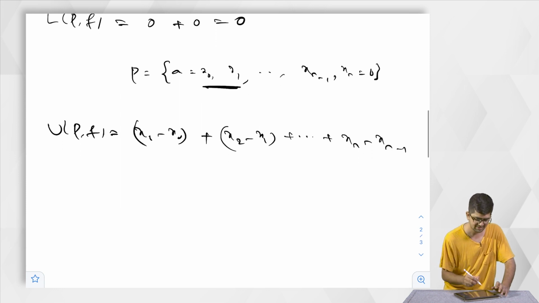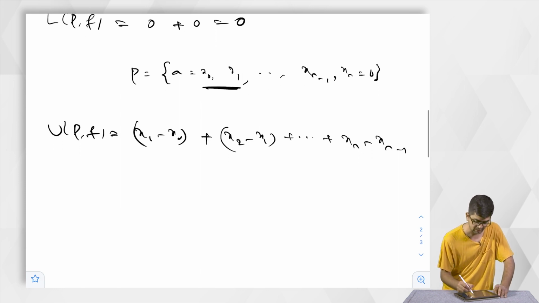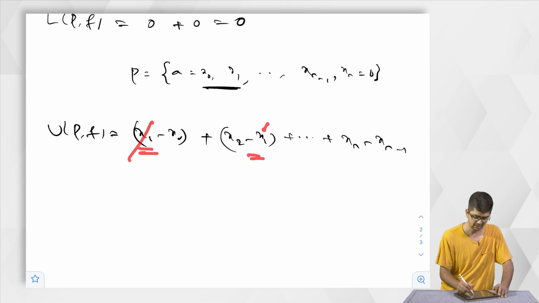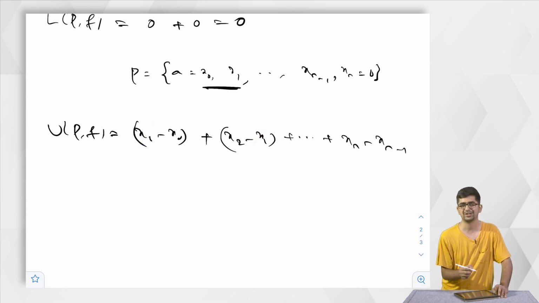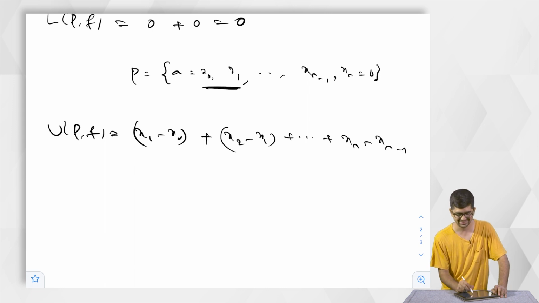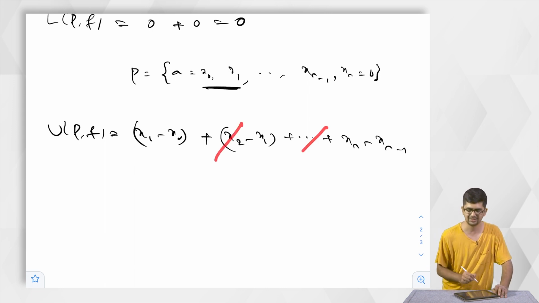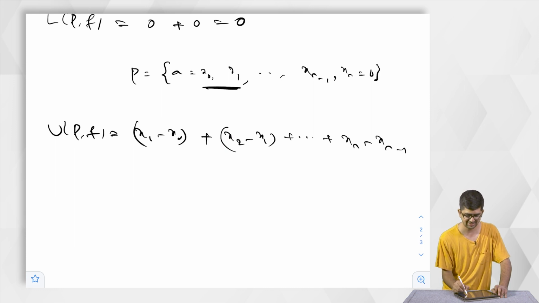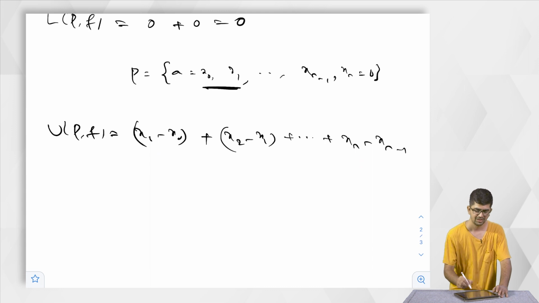Observe, in the first step x1 is appearing 2 times with a minus sign, so that gets cancelled out. I think you can guess what is happening here. In the next step there will be minus x2, which will get cancelled out. So what is remaining is xn minus x0, and xn is B, x0 is A, so that is B minus A.